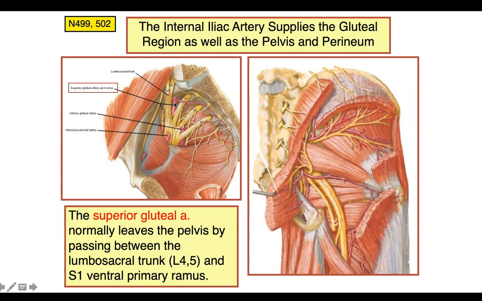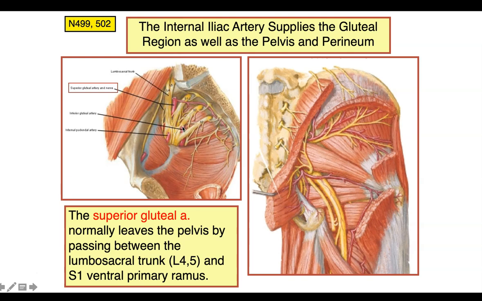The superior gluteal artery within the pelvic cavity lies in between the lumbosacral trunk and the S1, the ventral ramus of the first sacral spinal nerve. So if you find a branch of the internal iliac artery passing in between the lumbosacral trunk and S1, that is called the superior gluteal artery.